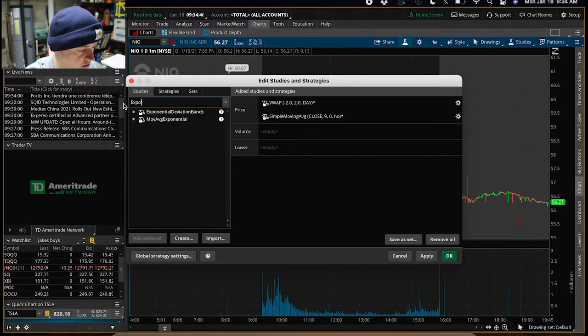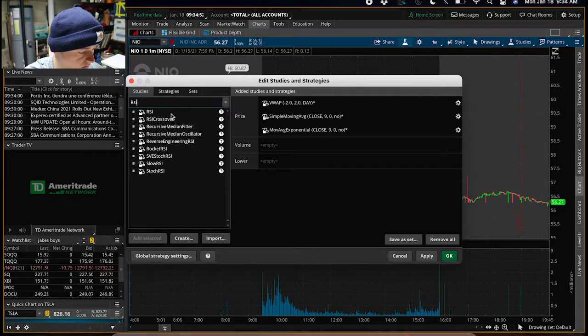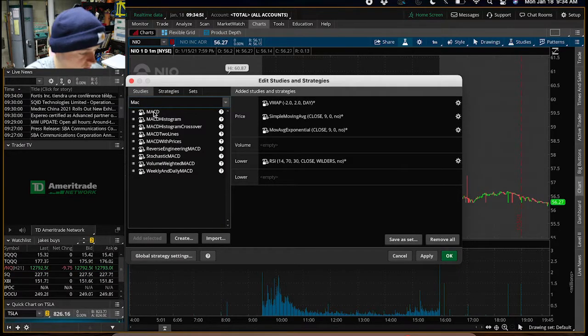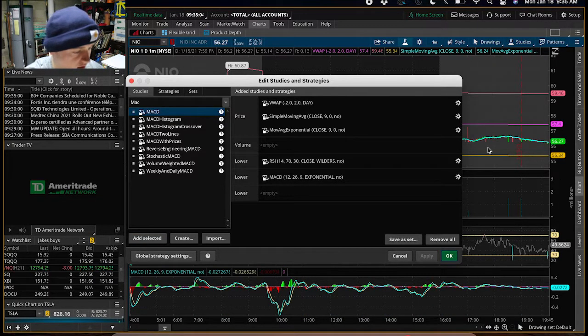Exponential moving average. The RSI. And the MACD. So now when you hit apply, it's going to instantly add all of that to your chart, and it's going to look a lot better.